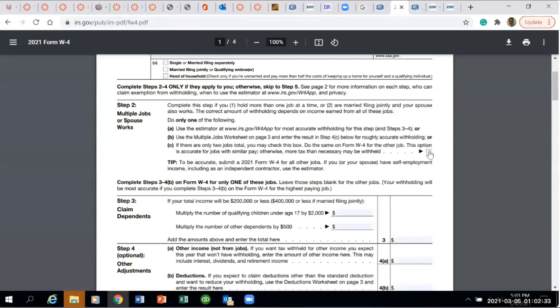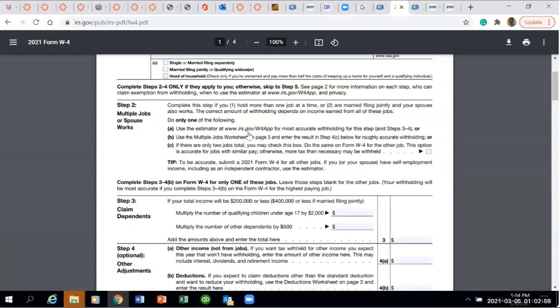So that's what it says. Here it says, click that box if there are only 2 jobs total. Do the same on Form W-4 for the other job. This option is accurate for jobs with similar pay. Otherwise, more tax than necessary may be withheld. So you can check that if that's the case.